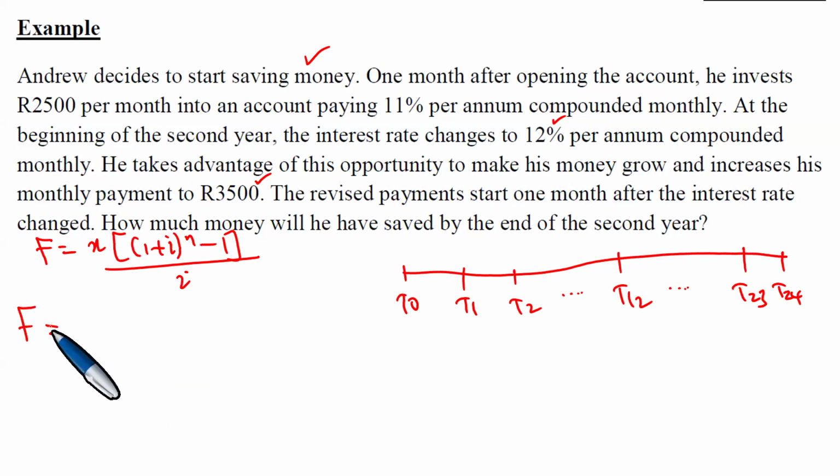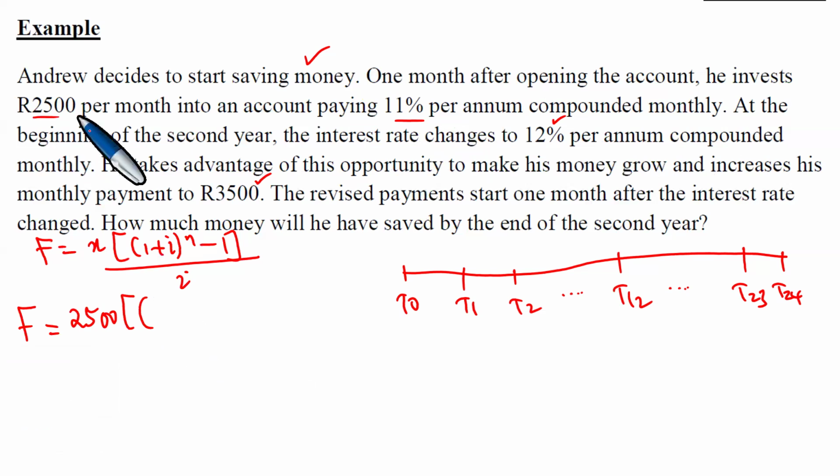Well done. Right. So obviously, because one month after opening the account, he invests 2,500 per month, it's going to be 2,500 there. And then it's 11% per annum compounded monthly.